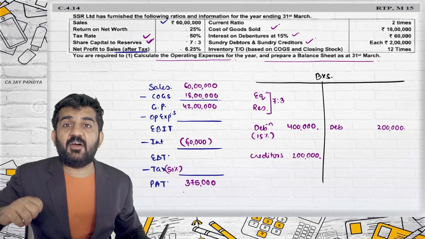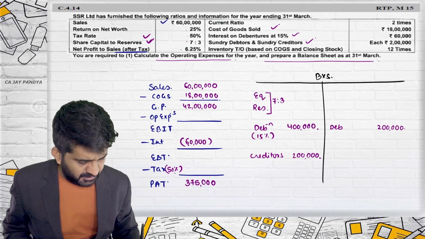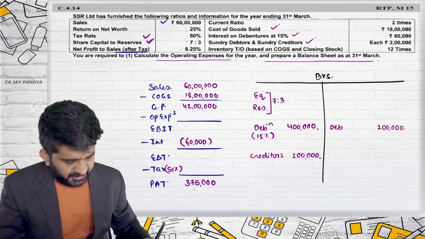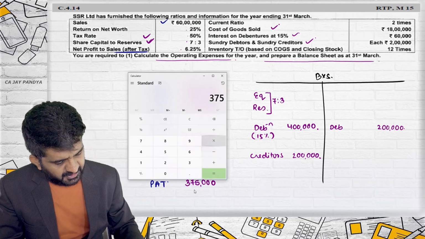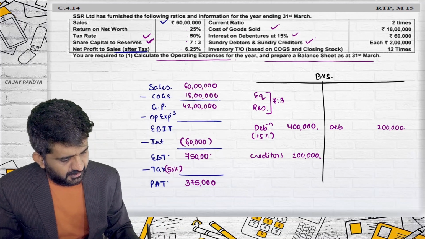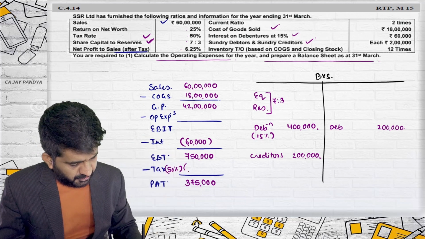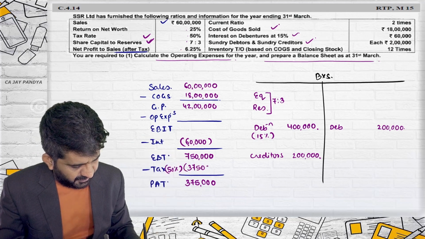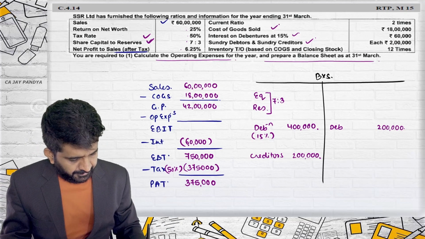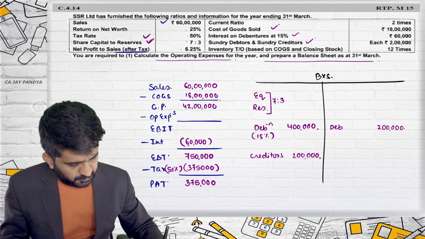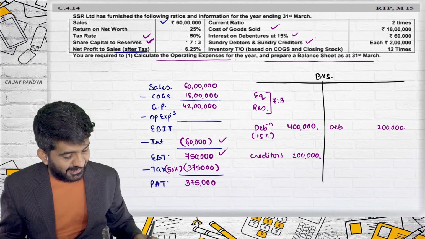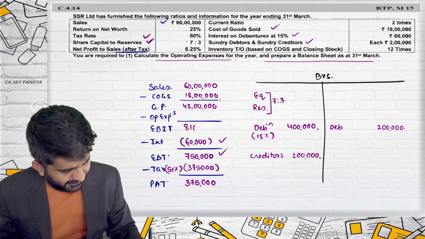If profit after tax is 3,75,000 and the tax rate is 50%, then earning before tax will be double. 375 into 2 is 7,50,000. Do you agree? Because 7,50,000 into 50% will be 3,75,000. If this figure is 7,50,000 and interest is 60,000, then this figure will be 8,10,000.